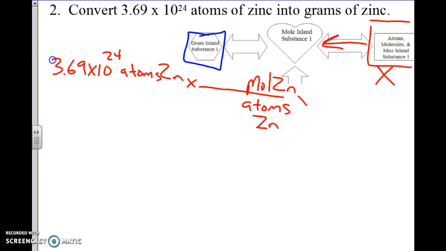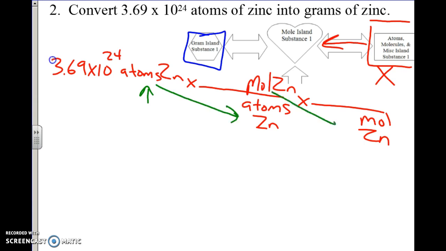So that means on the bottom of the next step, moles of zinc go. We're following this pattern of whatever's on top in the previous step goes down on the next step. Now we're at Mole Island, and we need to go to Gram Island. So that's exactly what we'll do. We'll go to grams of zinc.